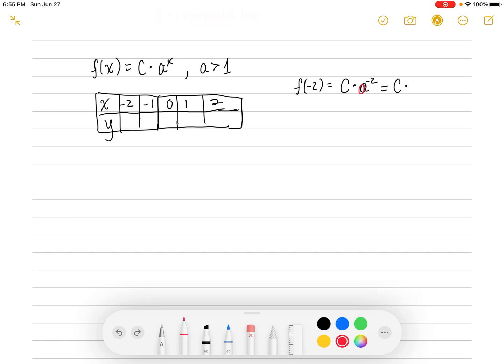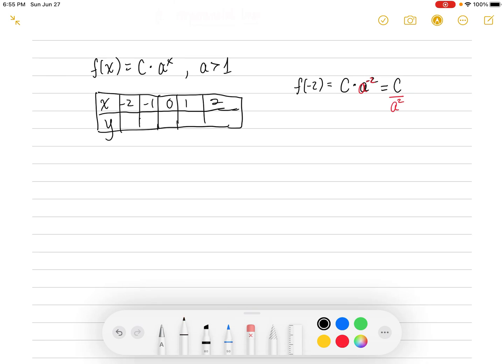Basically I'm going to think about a to the -2 here. What do you do with the negative exponent? It allows you to take the a and put it on the bottom of a fraction, put the c on top, and you put a square on the bottom that's positive. So you get c over a squared.